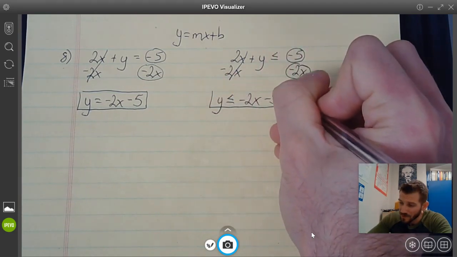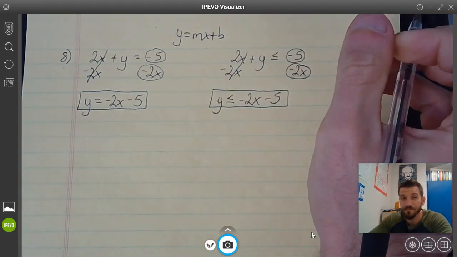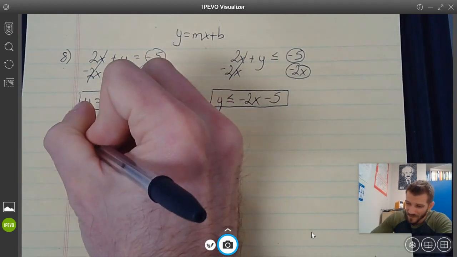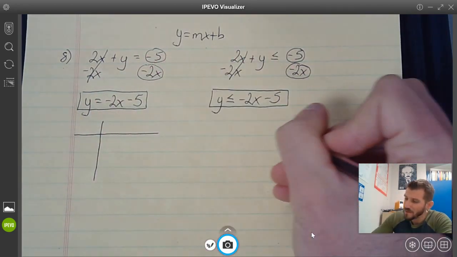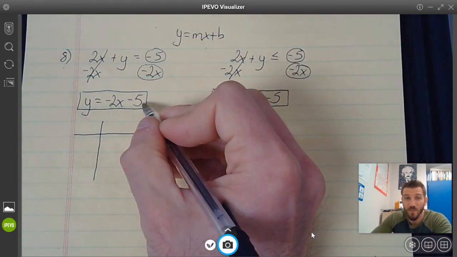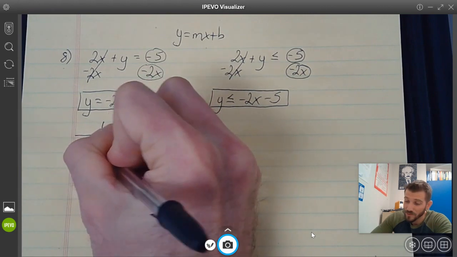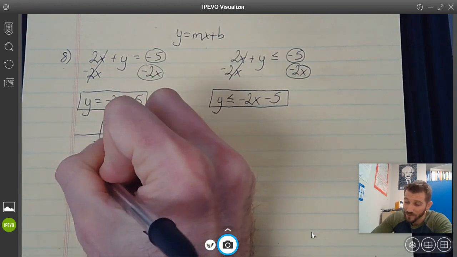Okay, so now I just want to graph these. Well, if I look at my graph, I already know this crosses the y-axis at -5. So that's -1, 2, 3, 4, 5. And there it is.